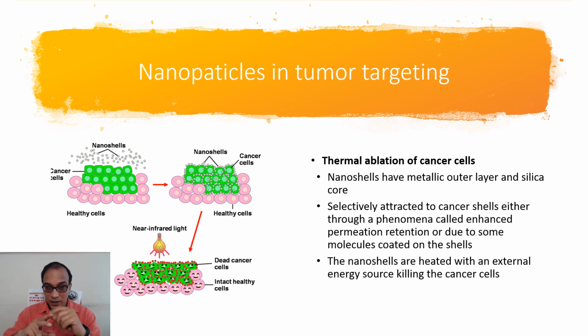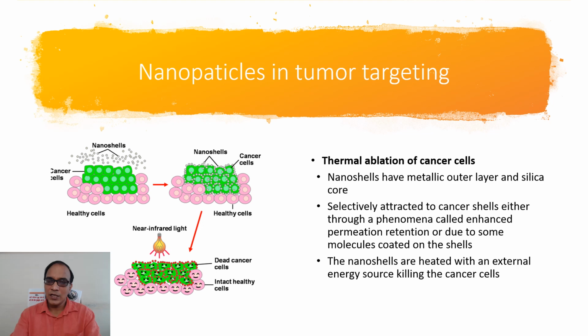In this particular example, inorganic metallic nanoparticles have been prepared, and they are selectively attracted to the cancer cells either through a phenomenon called enhanced permeation and retention, the EPR concept we addressed, hope you remember, or due to some molecules coated on the shells.